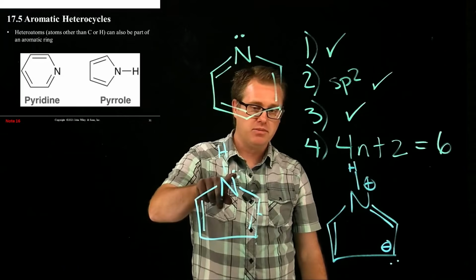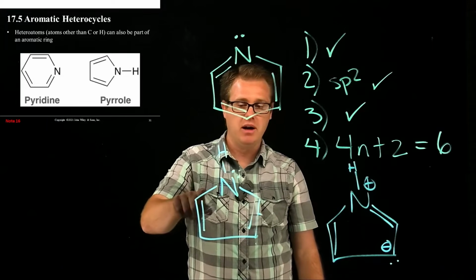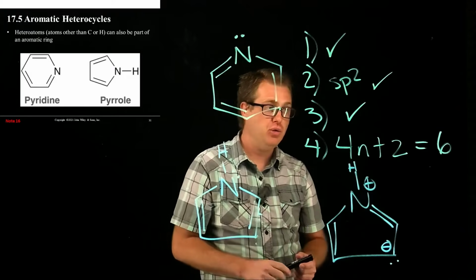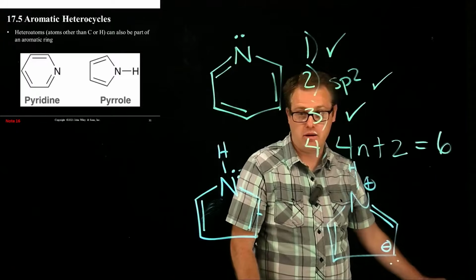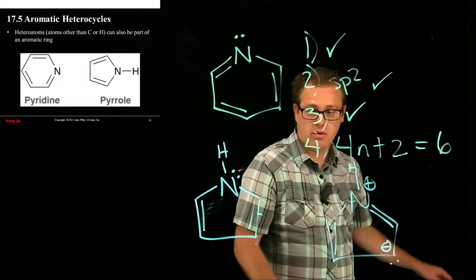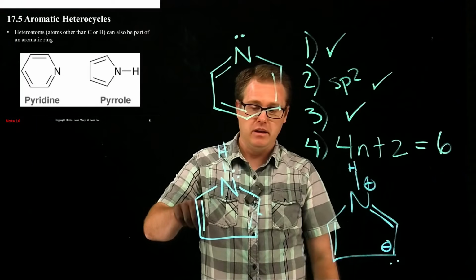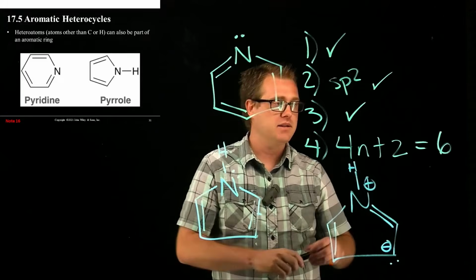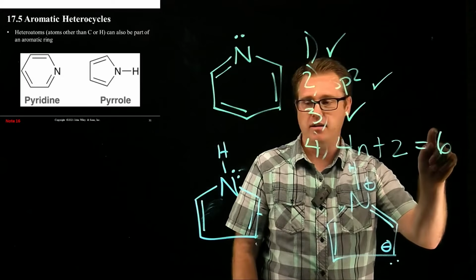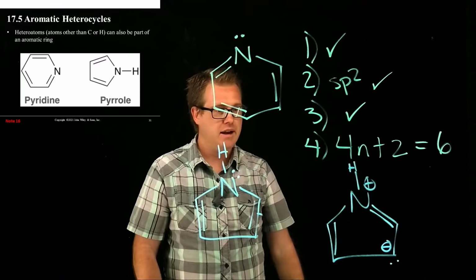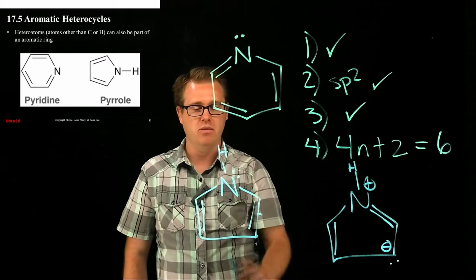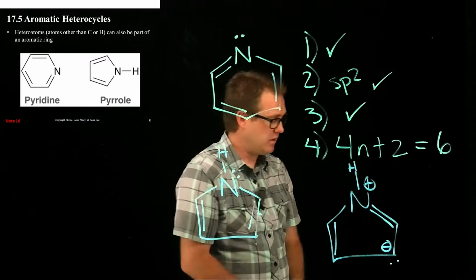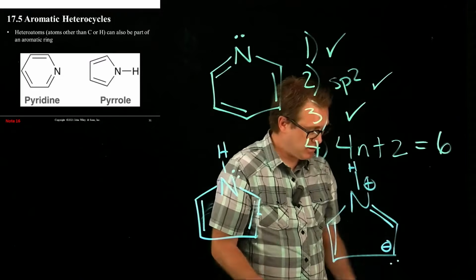When there's lone pairs present and no double bonds connected to the heteroatom, you do count the lone pair. And so it will follow Huckel's rule. There's 2 electrons here, 4, 5, 6. So the same answer here. So pyrrole is aromatic and you do count the lone pair on the heteroatom. So that's the trick right there.